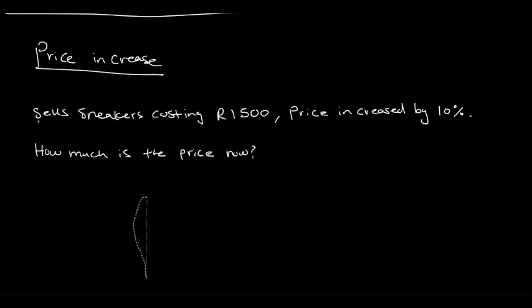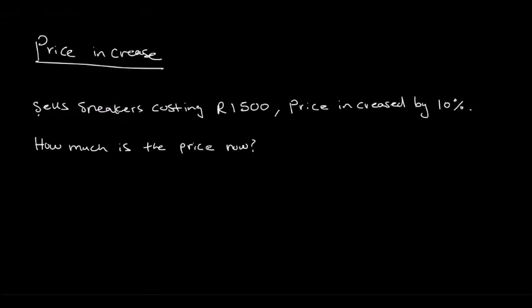Okay, so what you will do is, first, you want to calculate the amount that is equivalent to 10%. So take your amount again, and multiply it by the percentage increase. Basically that would be 10 over 100. So you take your amount given, 1,500, then multiply that by 10 over 100.